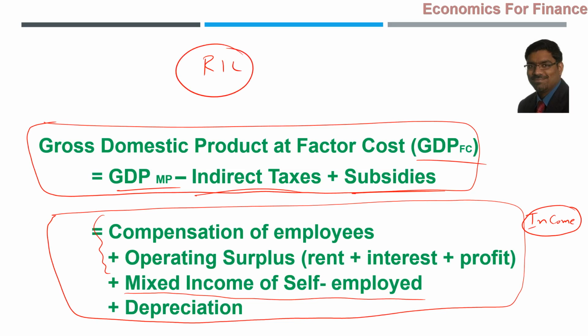What is the total profit that the company has earned, what is the total compensation the employees have earned, what is the rent earned by any provider of property to this company, and what is the interest that the providers of finance have earned? All of them put together is simply the incomes of the people connected with that company, right?